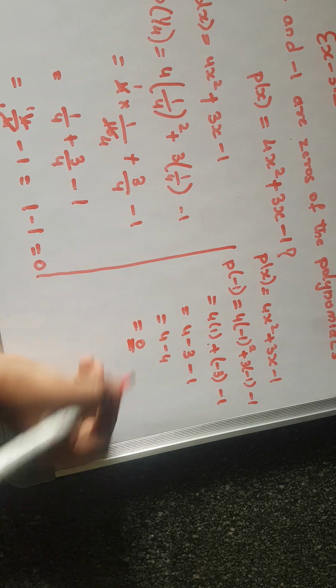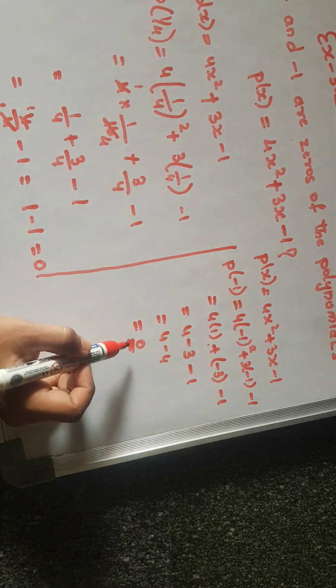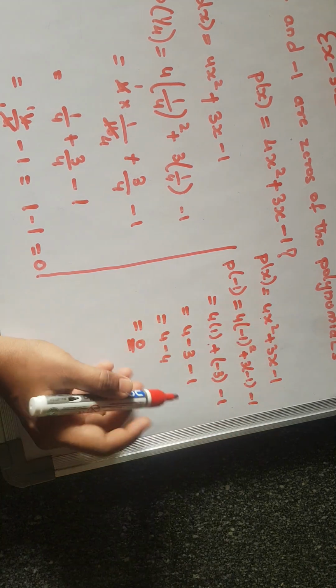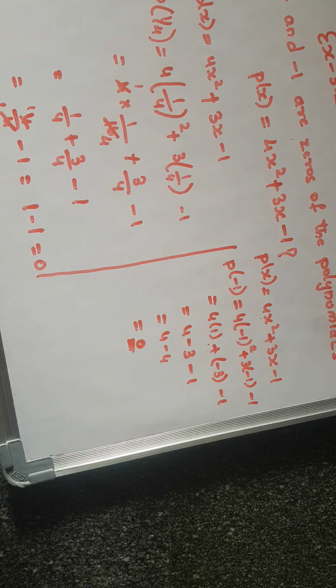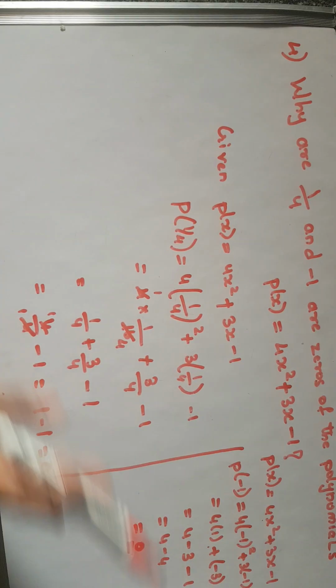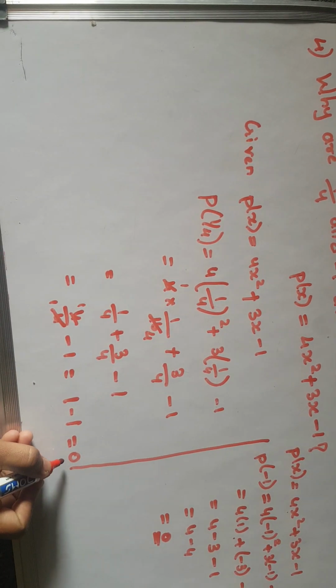This also becomes 0. It means when you put minus 1 in this quadratic equation, because the power is 2, this value becomes 0. When you put minus 1 in this polynomial, and when you put 1 by 4 in this polynomial, the answer becomes 0 here.